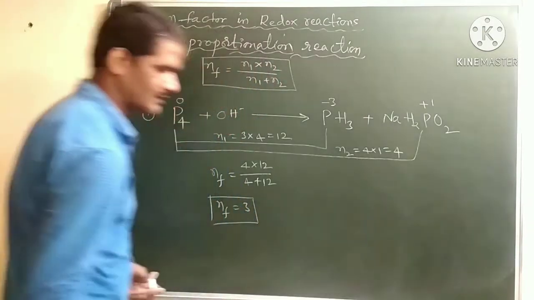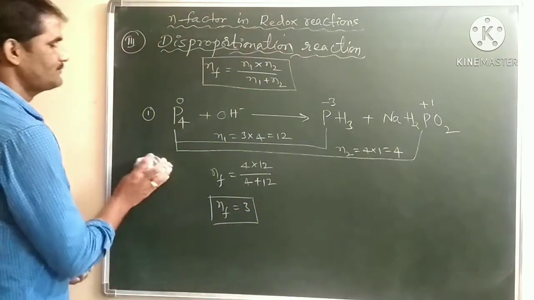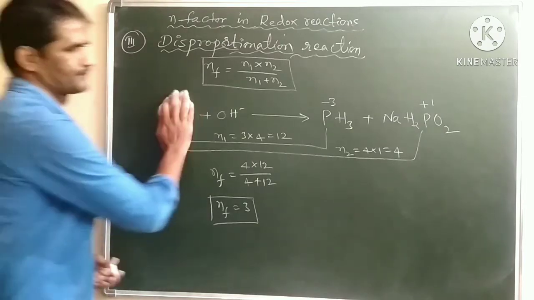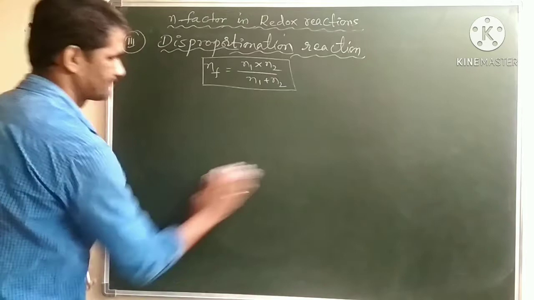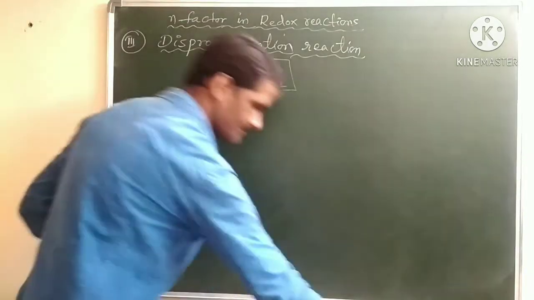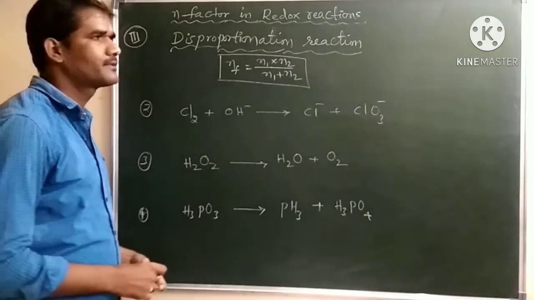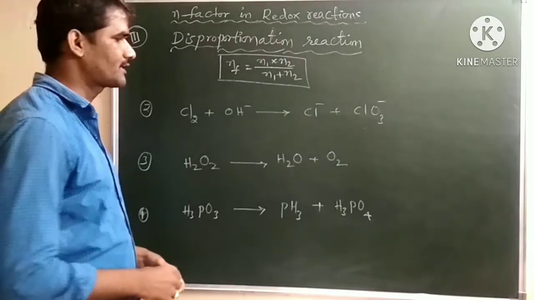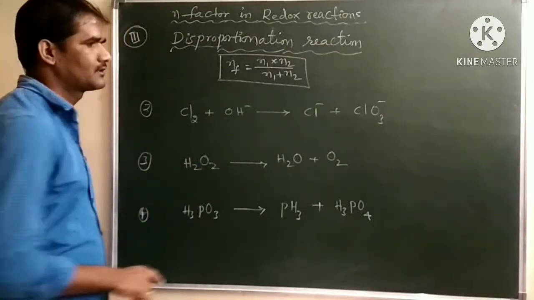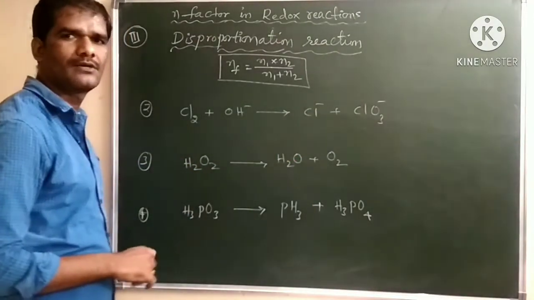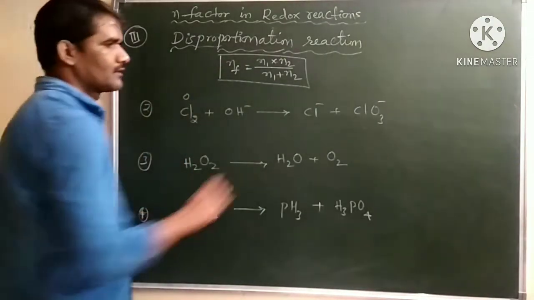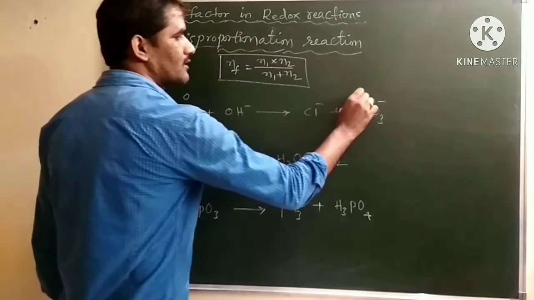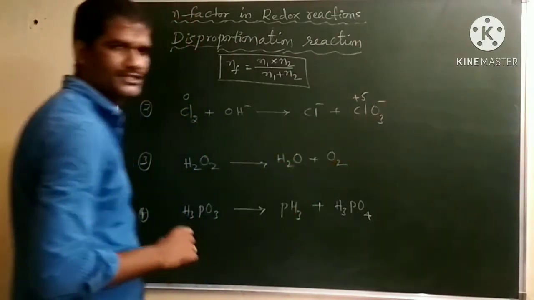Similarly, let us take some other examples of disproportionation reactions. First one: chlorine is giving Cl minus and ClO3 minus. The chlorine oxidation state here is 0. This is -1, and here chlorine is in +5 oxidation state.